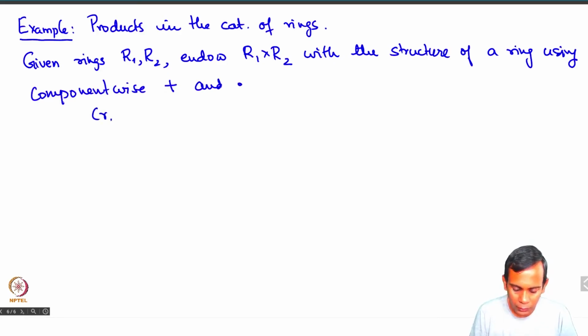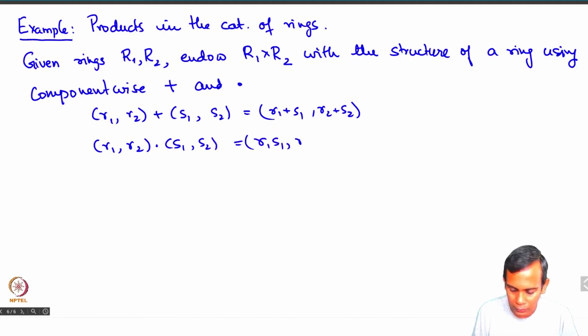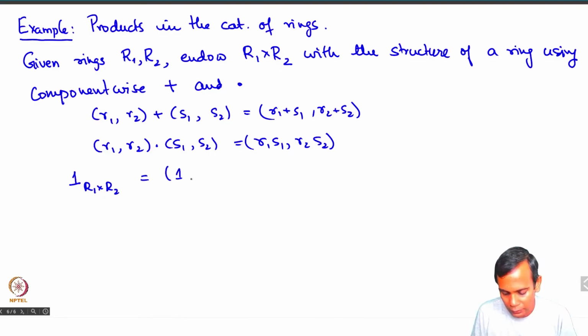Okay, so you have (r1, r2) + (s1, s2) = (r1 + s1, r2 + s2), and you have (r1, r2) · (s1, s2) = (r1 s1, r2 s2), and this gives rise to a ring structure on R1 cross R2. Note that the unit of R1 cross R2 is the unit of R1 comma the unit of R2.